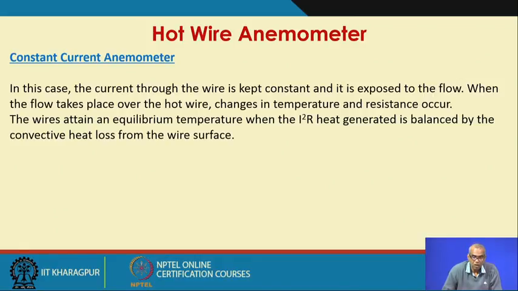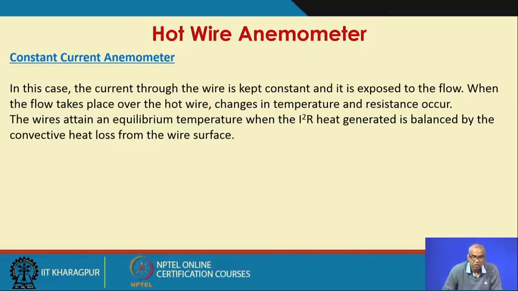So, since a current is flowing through the resistance wire, there will be heat generated whose amount will be equal to I square into R, where I is the current flowing through the wire and R is the resistance. Now, the hot wire is exposed to the fluid. So, there will be convective heat loss from the wire surface to the fluid medium.